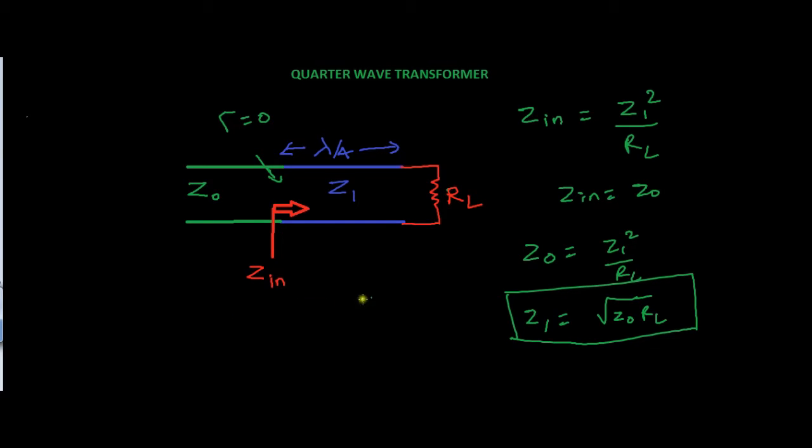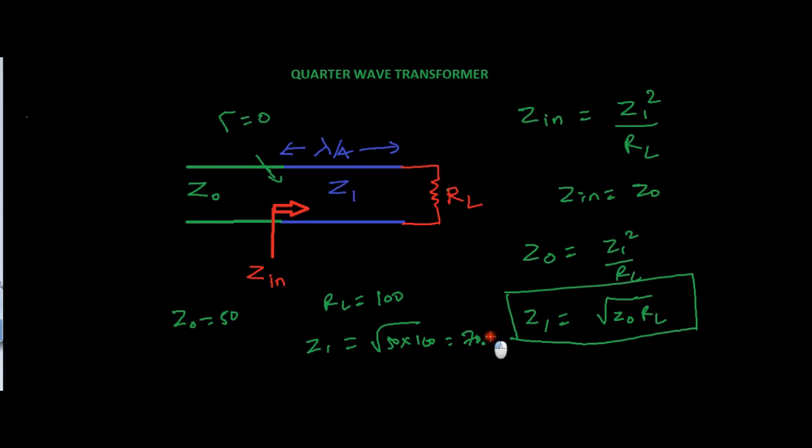So let's take one small example. Suppose we have Z0 equal to 50 and RL equal to 100. Since the load impedance is not matching with the source characteristic impedance, we can make use of this circuit. So first we need to calculate Z1, which is the square root of this product.